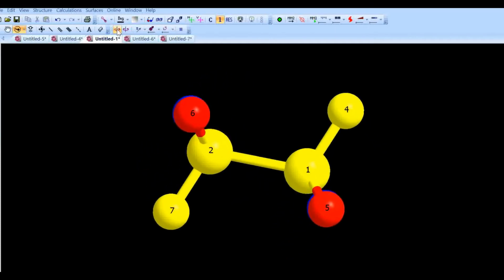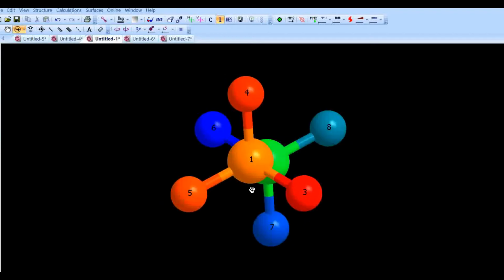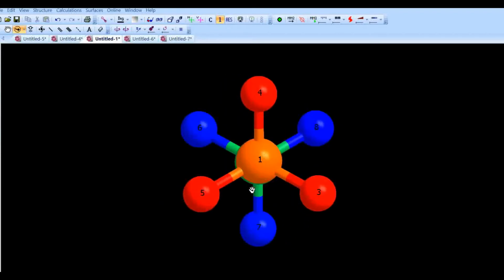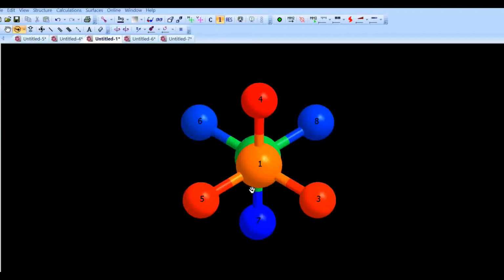So this C2 axis is actually an axis in a plane which is exactly at the middle of atom number 1 and 2. And it can be visualized like this also, that this plane is in the middle of atom number 1 and 2, and the axis is somewhere between atom number 4 and 6, passing through 4 and 6 and 3 and 7.